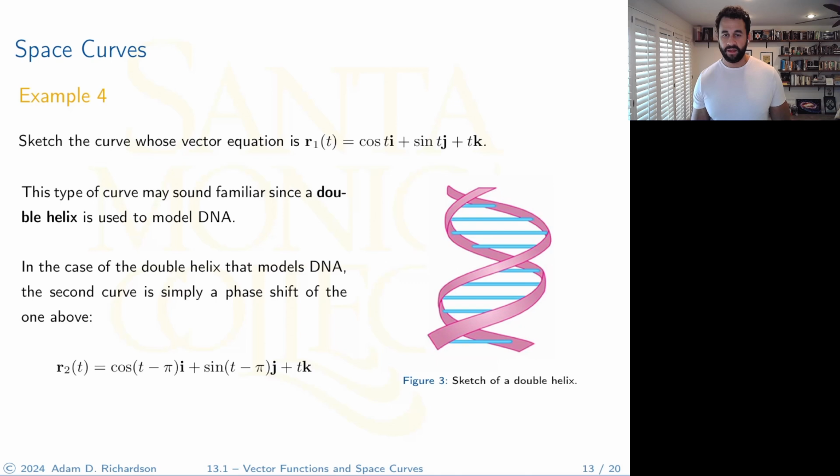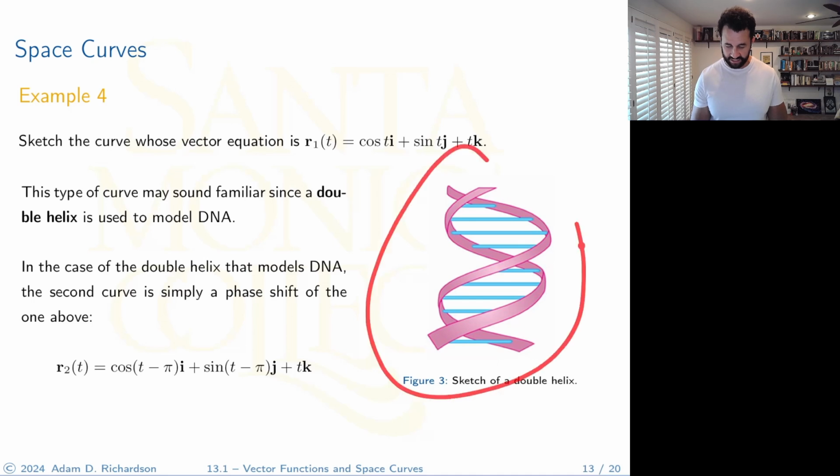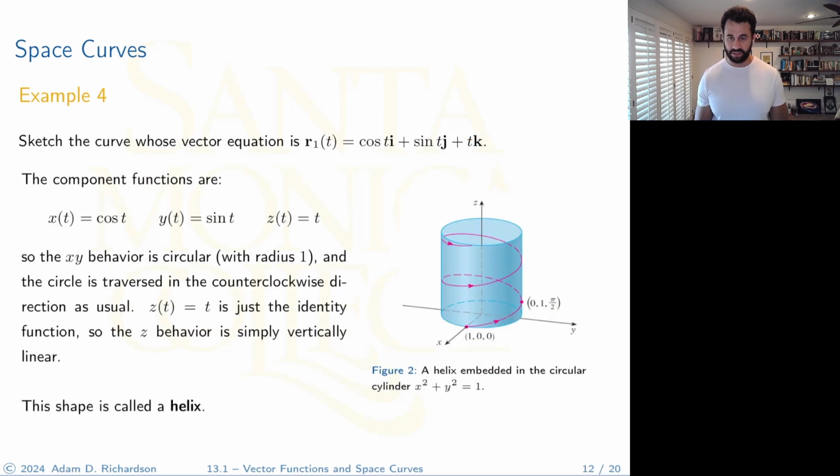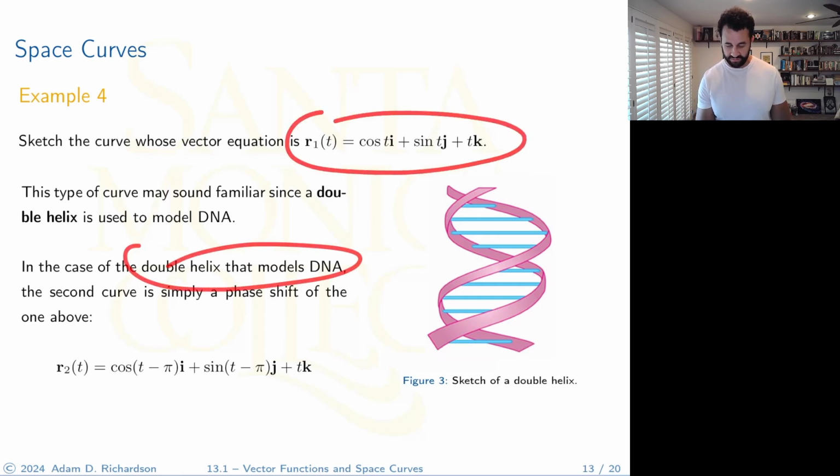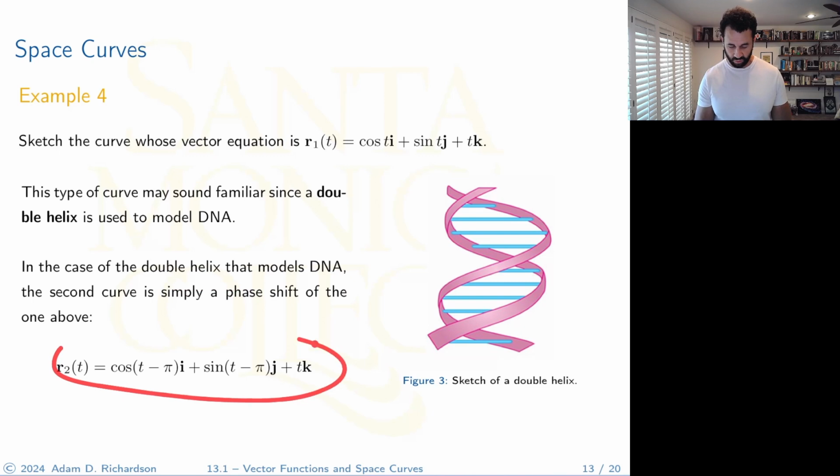So maybe this one looks familiar because this is exactly the type of curve that you see when you discuss DNA. DNA is actually a double helix. It's two of these curves that are basically just phase shifts of one another. So in this particular case, a double helix consists of this curve, but also this second curve as well.